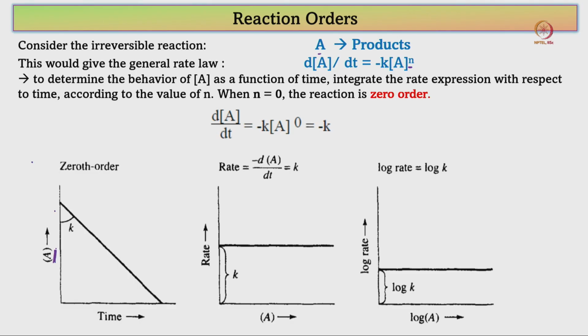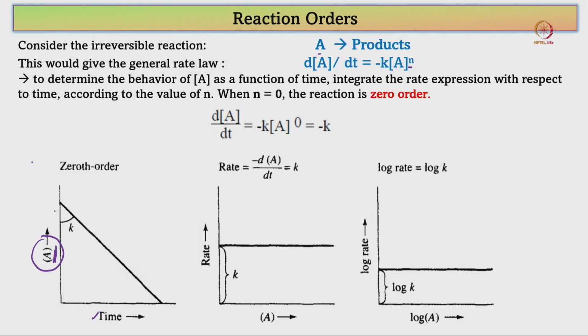So, we are having a plot where on the y axis we have the concentration of A, the reactant, and on the x axis we have time, and we are going to see how A is changing with time.